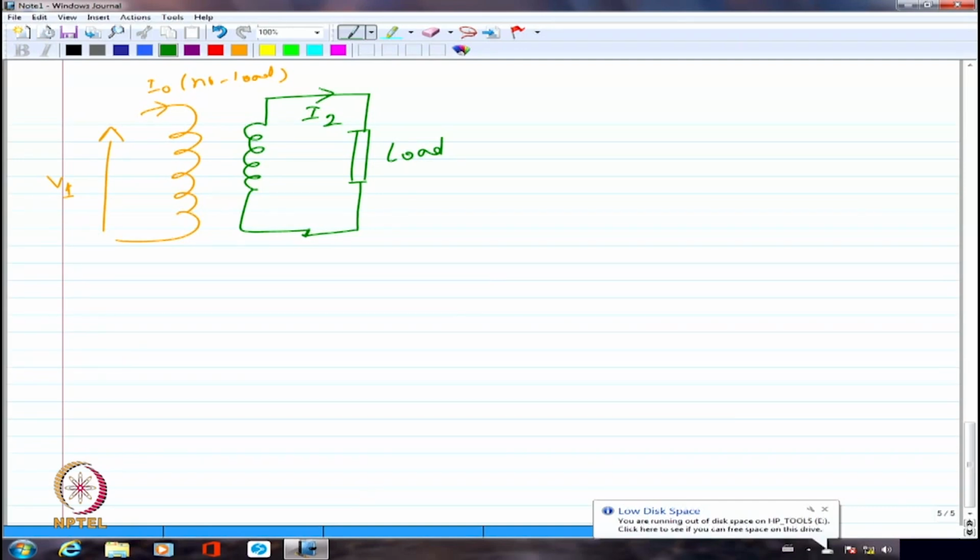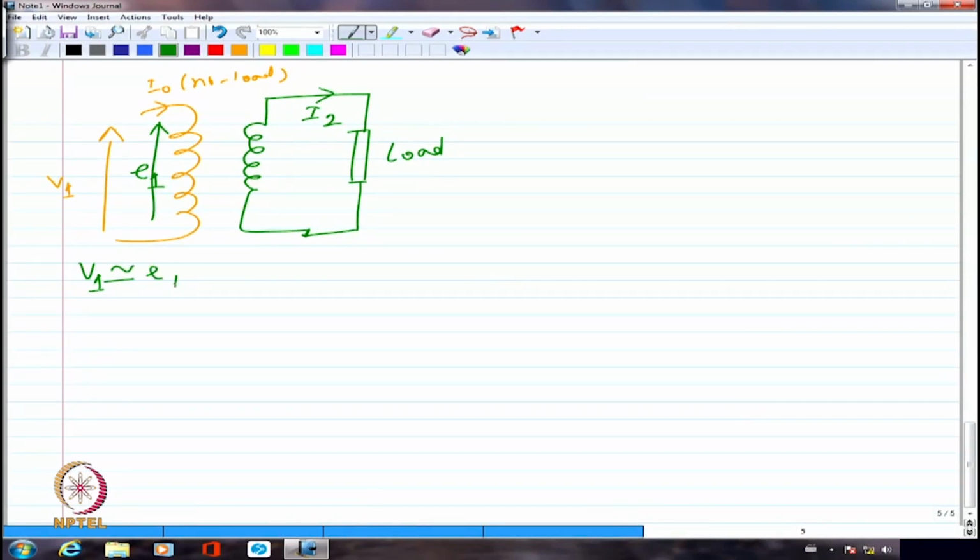What will happen is, if the transformer action collapses, if I have V1 and originally I had an induced EMF of E1, V1 was approximately equal to E1, assuming that the resistance within the transformer winding is hardly anything. Now if the flux collapses, I am going to have E1 becoming almost 0.